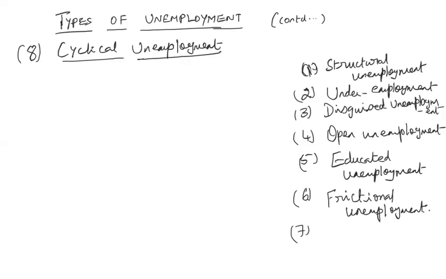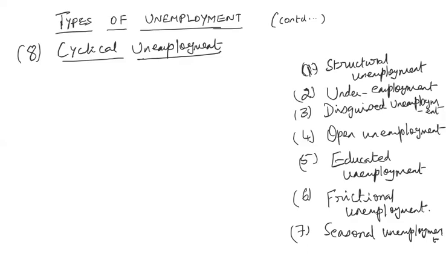Then we have checked seasonal unemployment. Mostly in the agricultural sector, the farmers have a job only up to the harvesting season. Only for certain seasons they will have the job. Only a couple of months in a year they have work. The remaining time they remain unemployed.